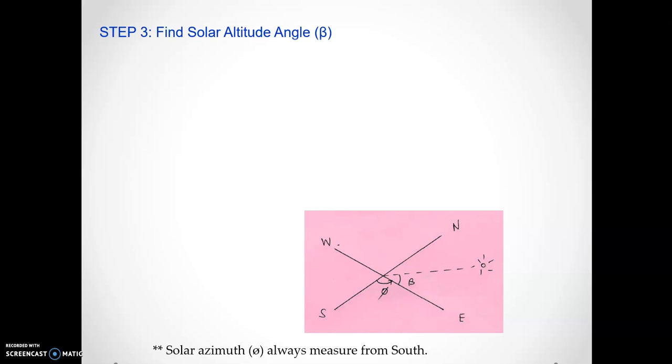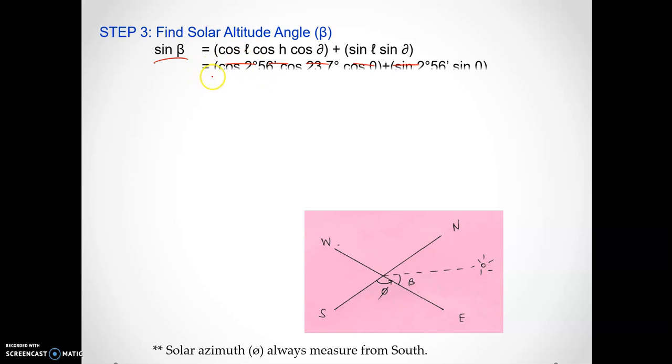Next one, we have to find the solar altitude angle, beta. So the formula is sine beta equals cos L, cos H, cos alpha, plus sine L, sine alpha. How to find the L? It is from the table of Bandar Baru Bangi.